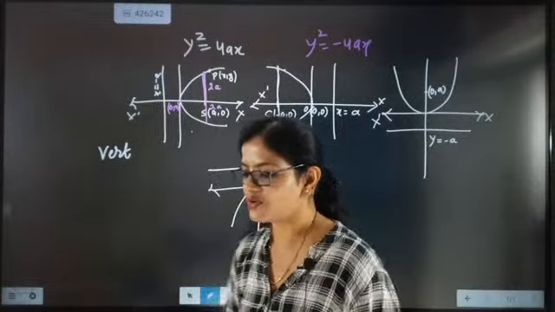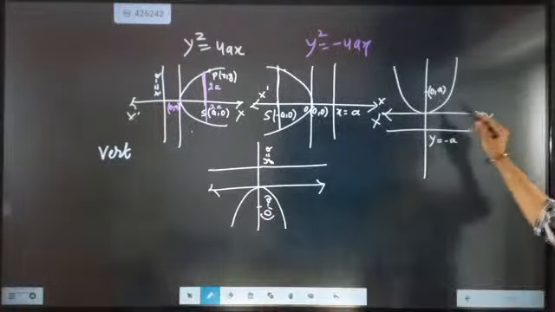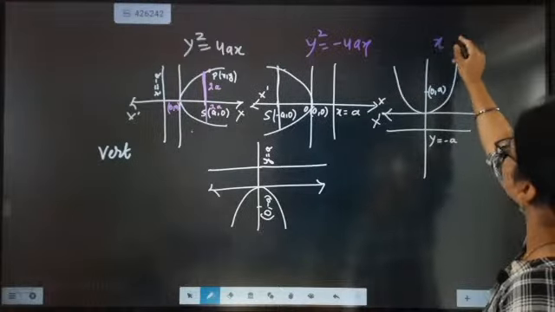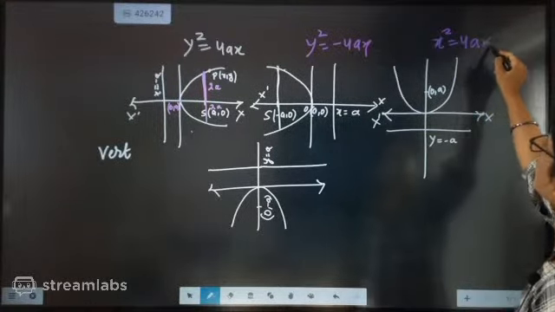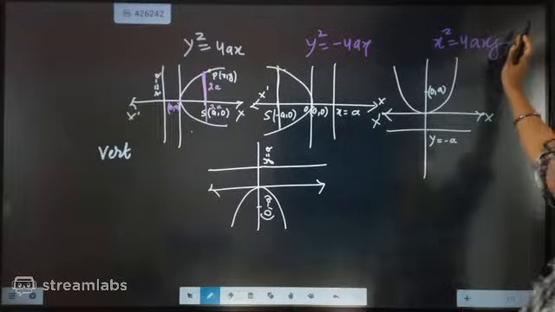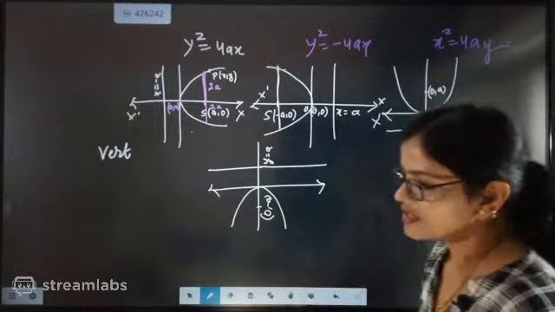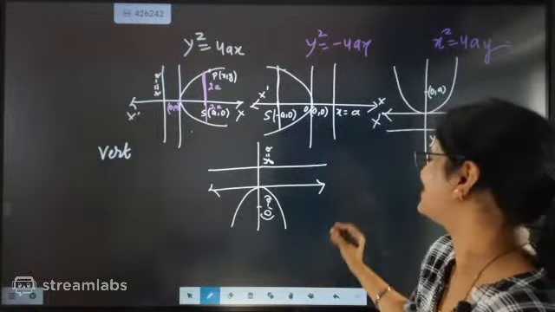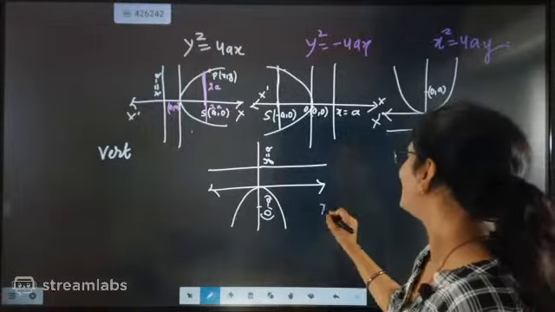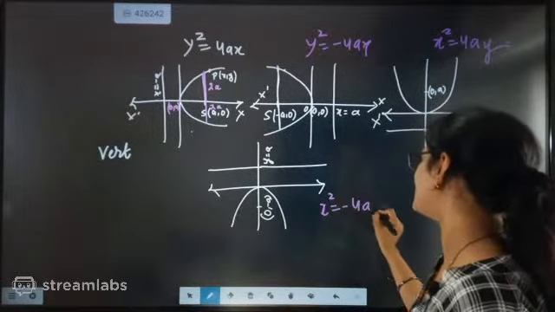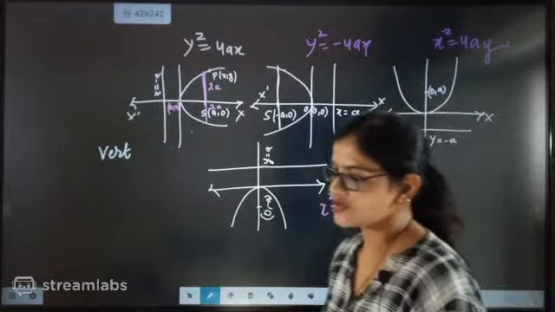This time this is x square equal to 4ay, the standard equation of the parabola. This side the standard equation will be x square equal to minus 4ay. So these are the four equations of the parabola.